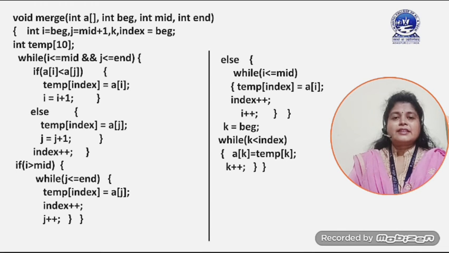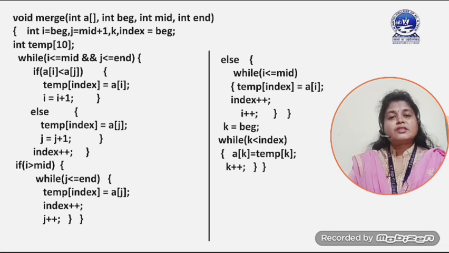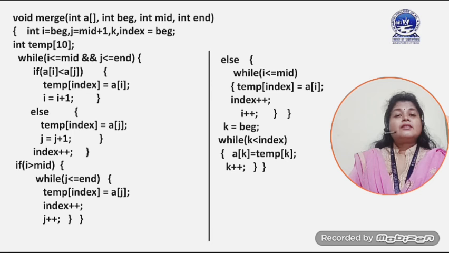For that reason we are checking which sublist elements are left by using two if conditions. If the first sublist elements are left, then we are just adding all those elements to the final list. Otherwise, if the second sublist elements are left, then we are adding those elements into the final list.